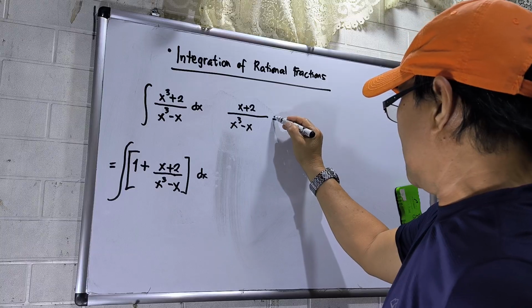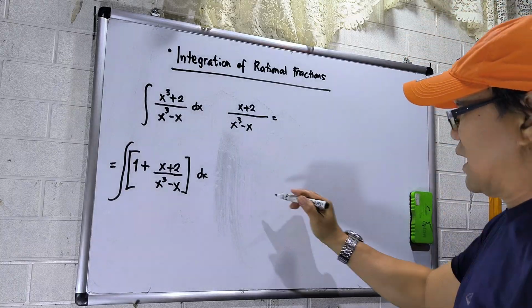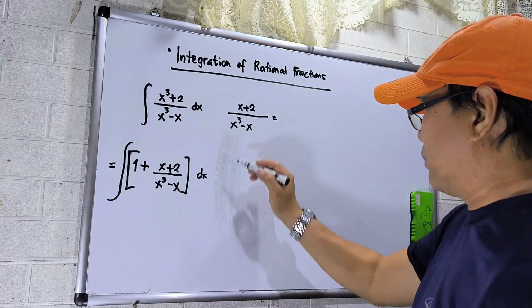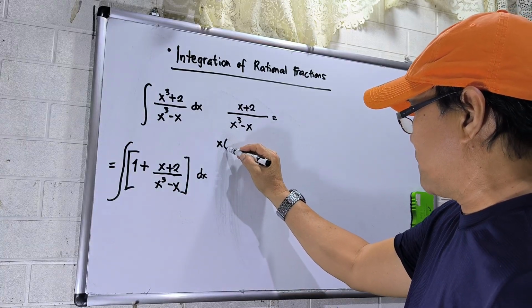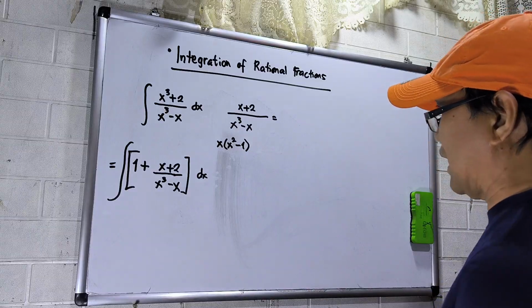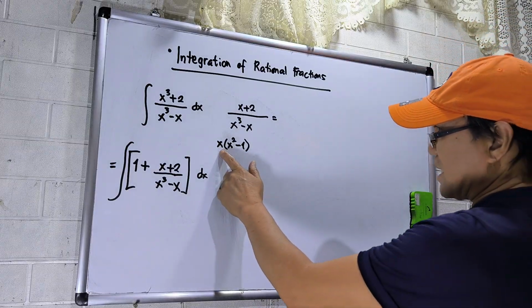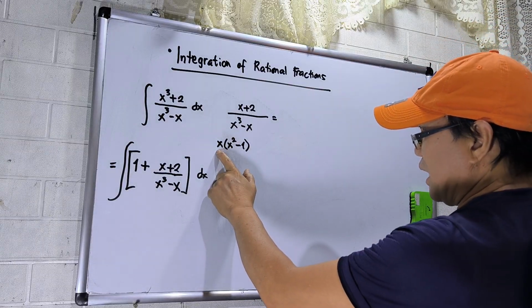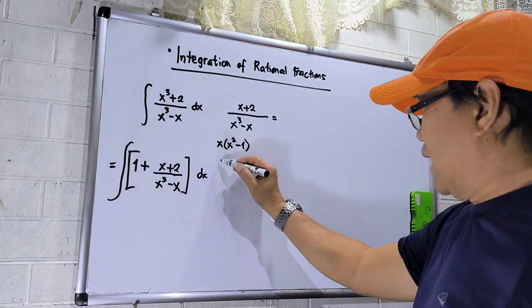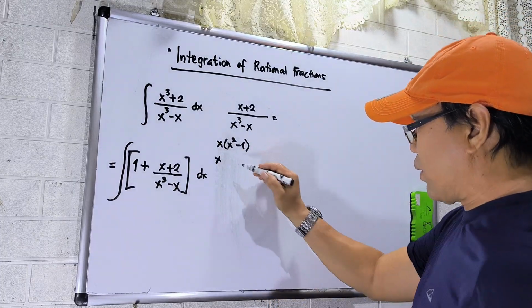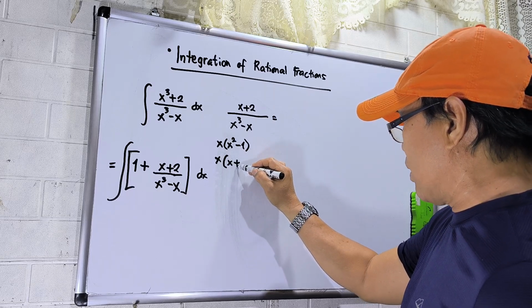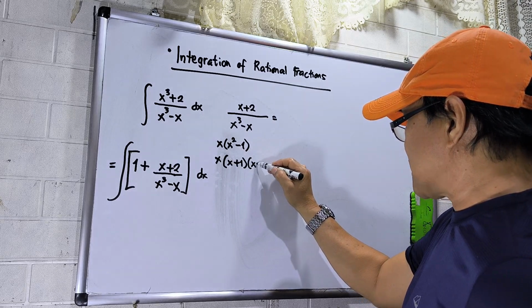minus x is equal to, so let us factor this one. First factor out x, then in parentheses x squared minus 1. If you check this, x times x squared is x cubed, and x times negative 1 is negative x. We know that x squared minus 1 is a difference of two squares, so we can factor it as x plus 1 and x minus 1.